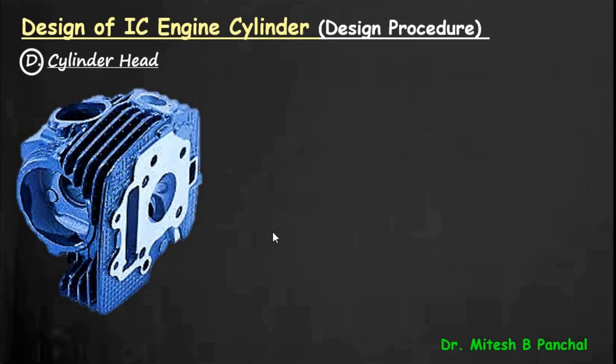Now we will see the design procedure for the cylinder head, the next component of the IC engine cylinder. This figure shows a typical cylinder head of an IC engine. Looking at this image, we can say that the IC engine cylinder head is a complicated component.